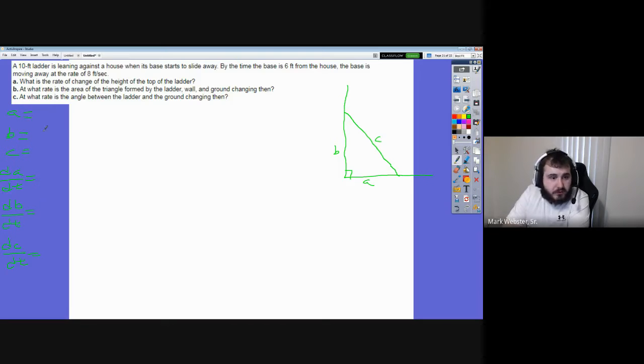I'm always going to do this because whenever you've got a right triangle in a problem, 9 times out of 10, you're looking for a side. And the best part about this is if you notice, we're talking about rates and stuff. One of these sides doesn't change. Like the ladder is falling down the house, right? They're going to give us a 10-foot ladder. That's the ladder. That's 10.